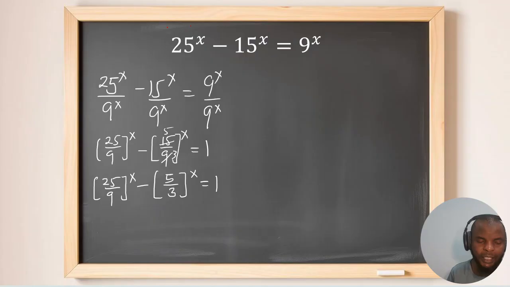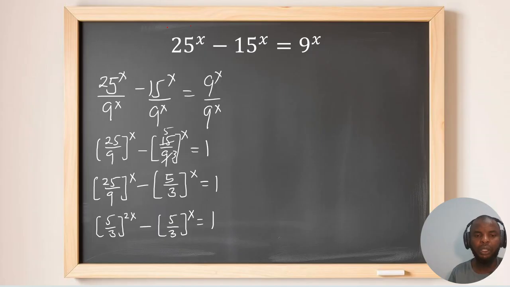Now, looking at this, 25 can be written as 5 squared, while 9 can also be written as 3 squared. So I can rewrite this equation as 5 over 3 squared. Remember, we have x outside, so from the laws of indices this can be written as this, minus 5 over 3 to the power of x equals 1.